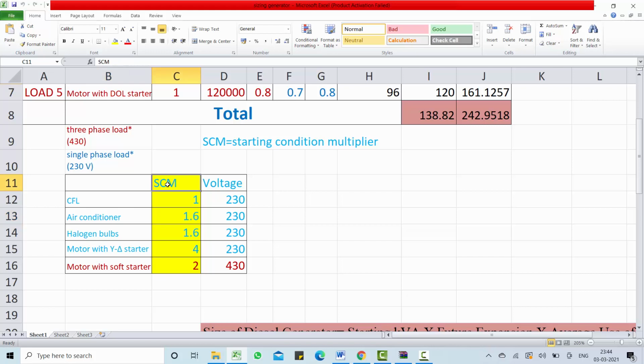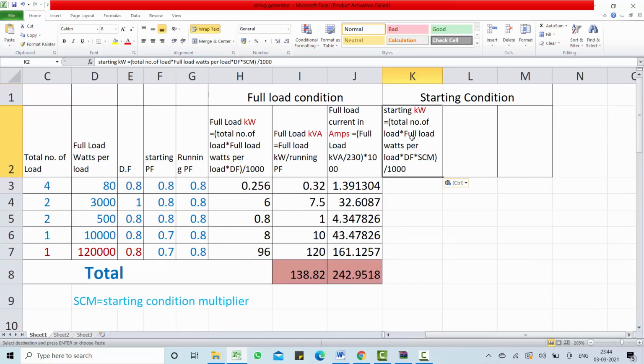So this is normally called the starting condition multiplier, or I can even call it the starting current multiplier. And now calculate the starting kilowatt, which is the same as the full load kilowatt, but the only thing is the SCM, that is the starting condition multiplier, is multiplied.